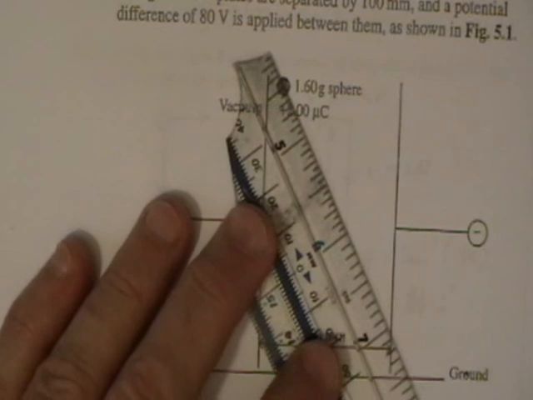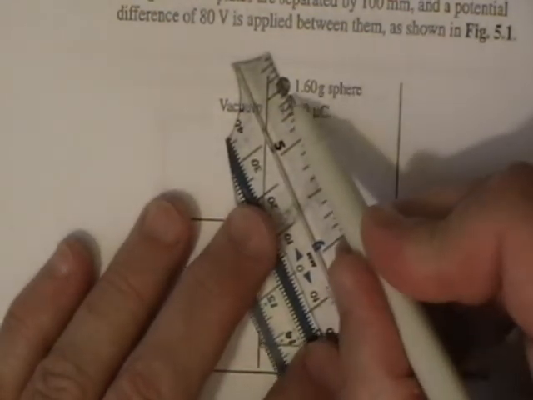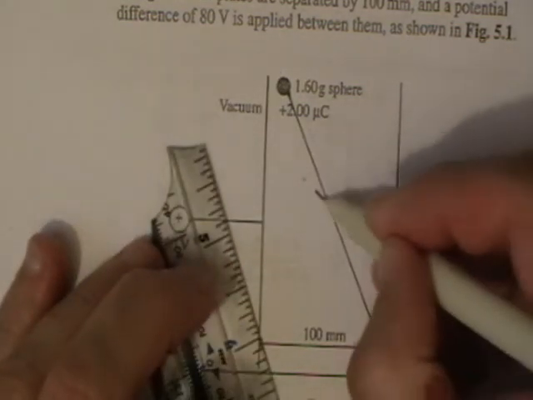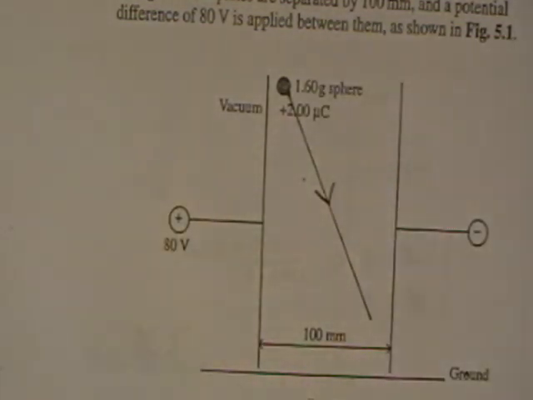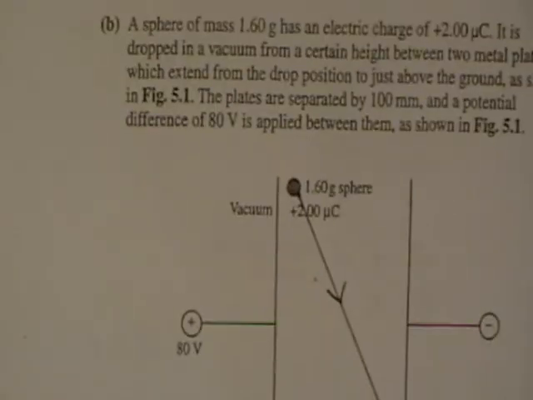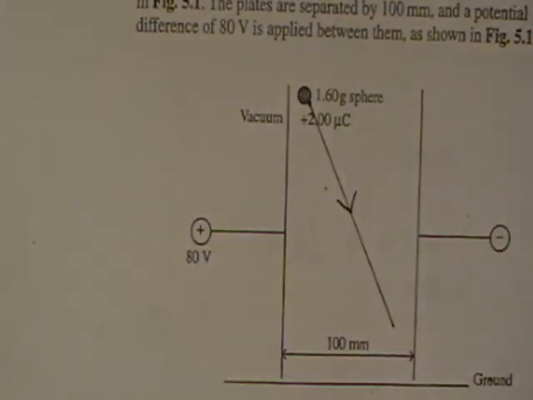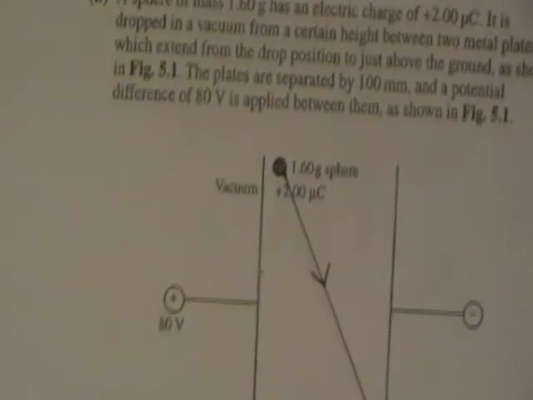And it's going to be coming something like so. It's 84 degrees, so it must be going something like that. So it's a fairly steep line with an angle to the horizontal of 84 degrees. And that's the last part of that question.